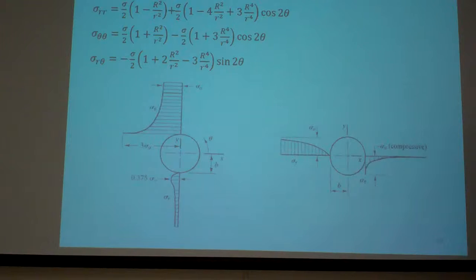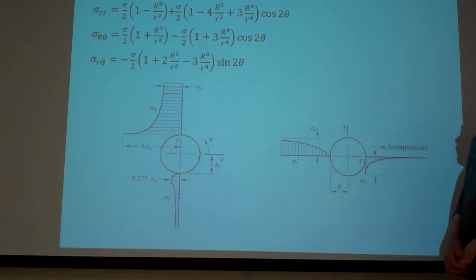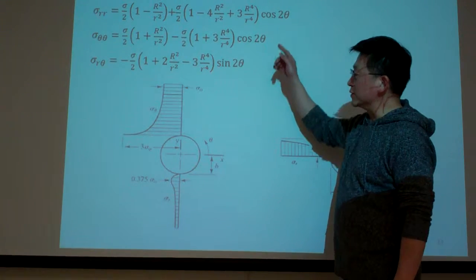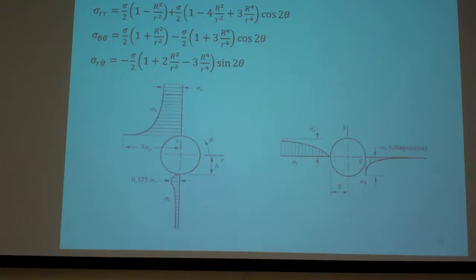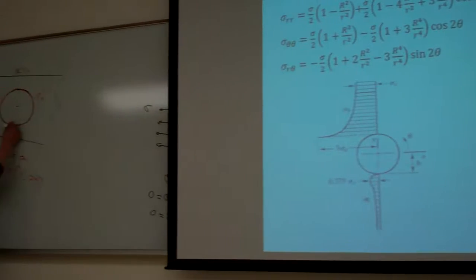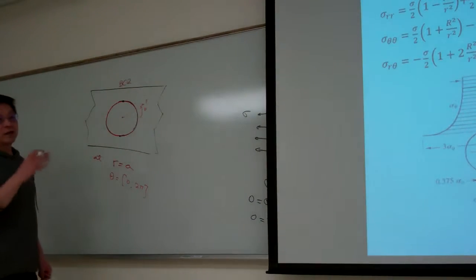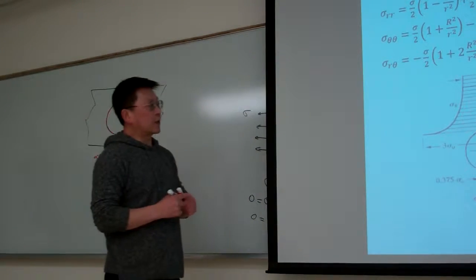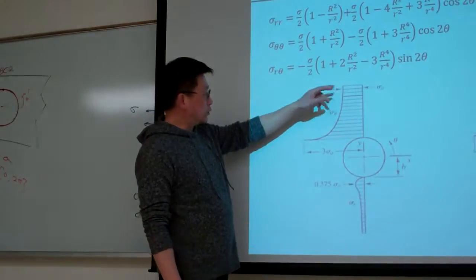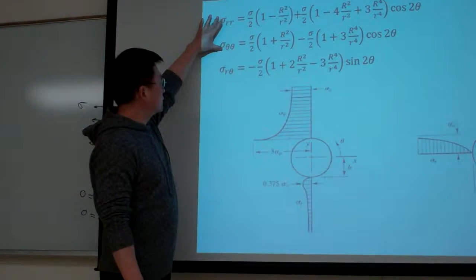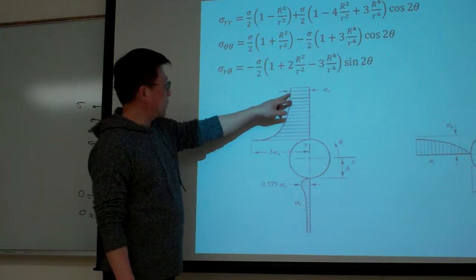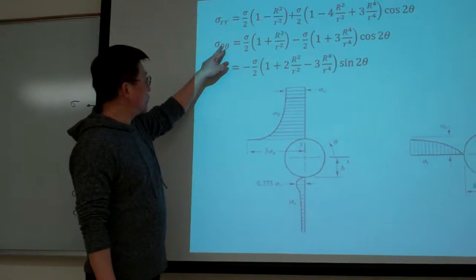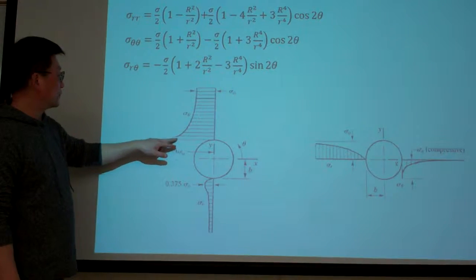And here let us plot. For example, when theta equals 90 degrees, we're looking at this point here and this point here, for 90 or minus 90 degrees. Then the distribution of the stress components: for sigma theta, the tangential component is like here.